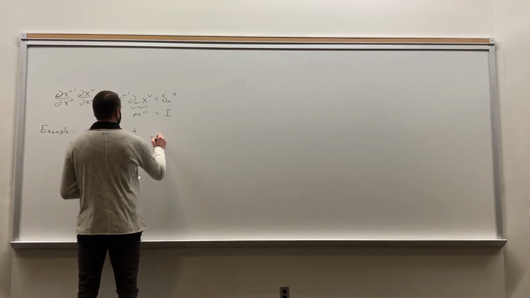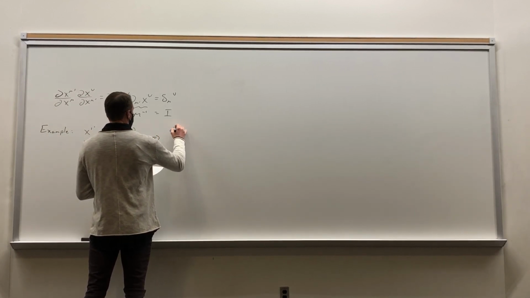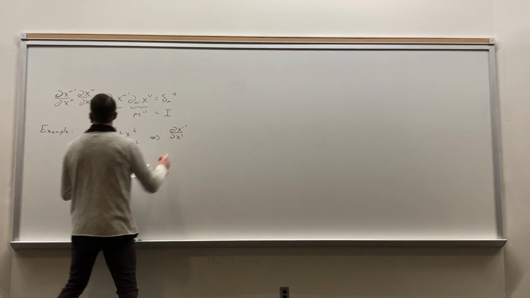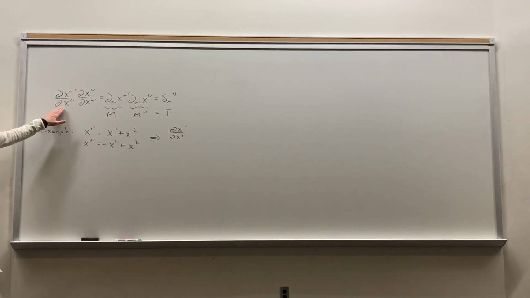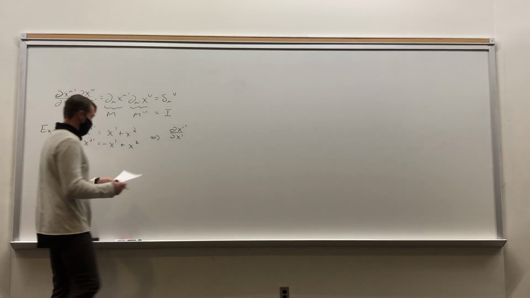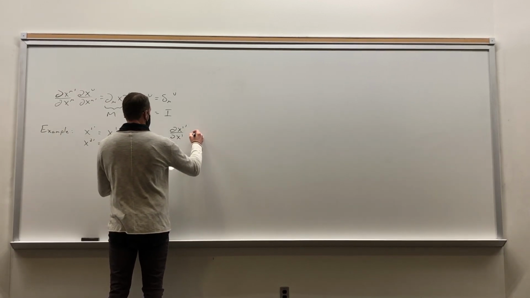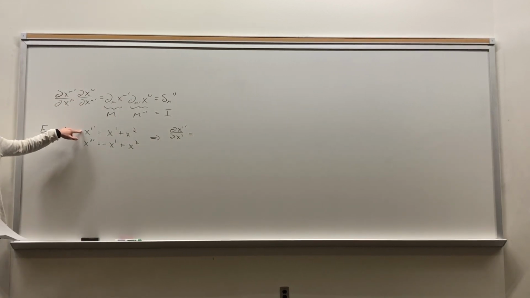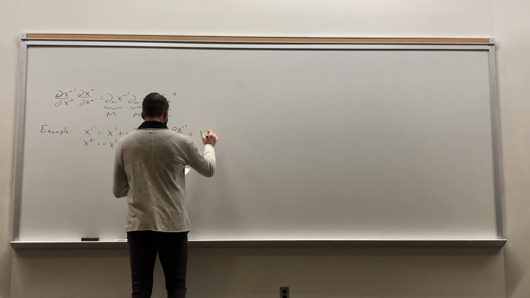And now we can immediately go ahead and calculate the contributions to this matrix. Okay? So we can do dx1 prime dx1. Any takers? 1. Yeah, it's just 1. It's this easy.